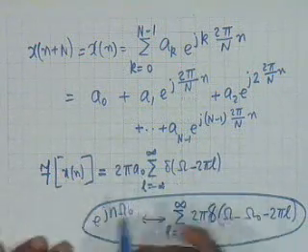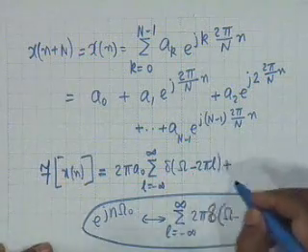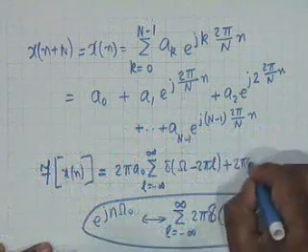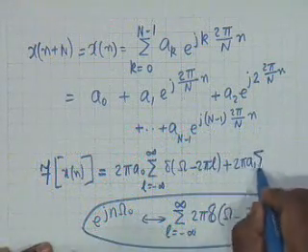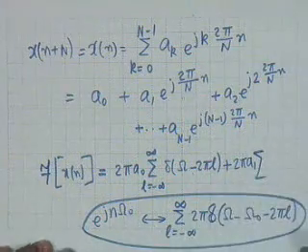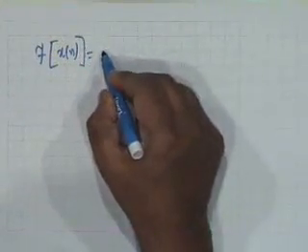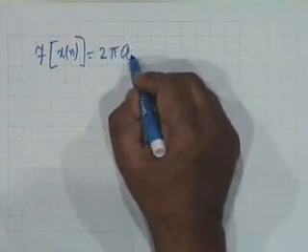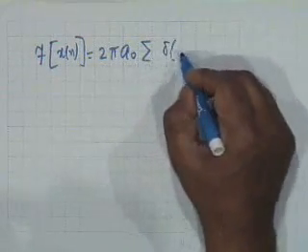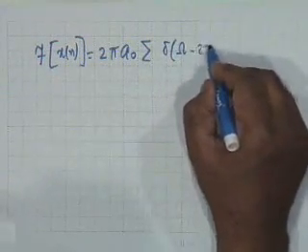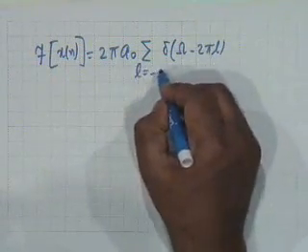Plus for the next one it is 2 pi a1 summation, I must go to the next page. Well, Fourier transform of x of n is equal to 2 pi a0 summation delta omega minus 2 pi L, L equal to minus infinity to plus infinity.